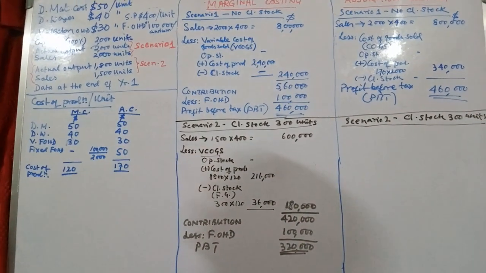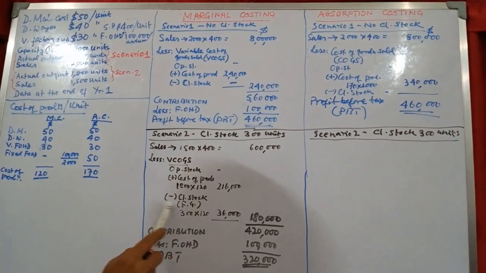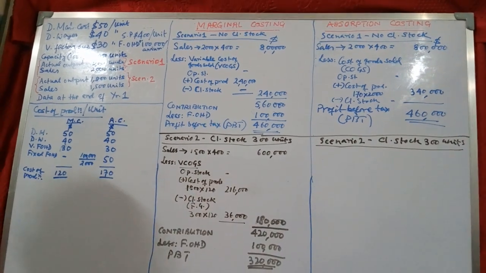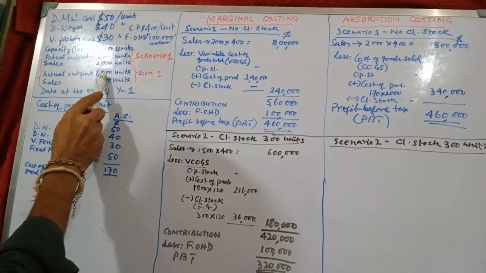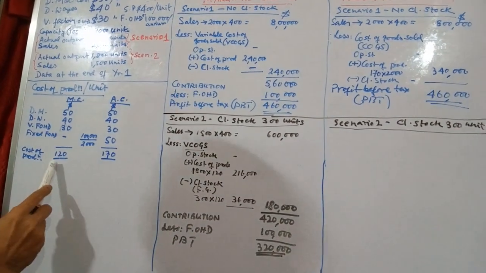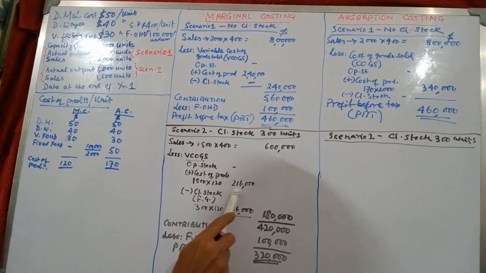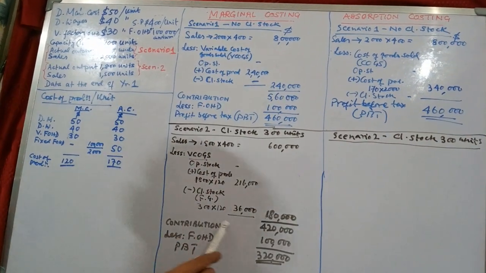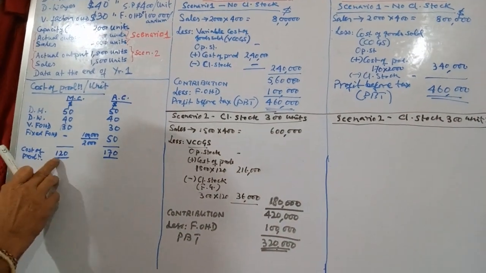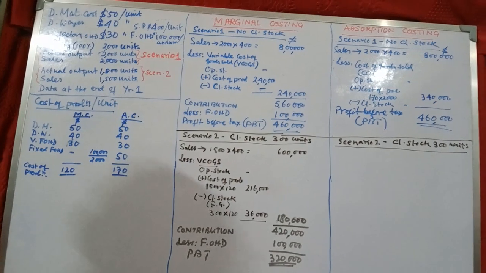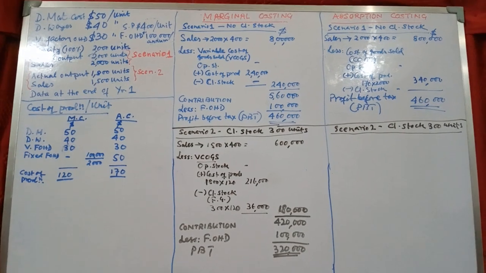We find variable cost of goods sold this way: opening stock plus cost of production less closing stock of finished goods. There is no opening stock, and cost of production is 1,800 units produced multiplied by cost of production per unit 120. So 1,800 into 120, we get 216,000 less closing stock, 300 units into cost of production per unit 120 under marginal costing. So 300 into 120, we get 36,000.